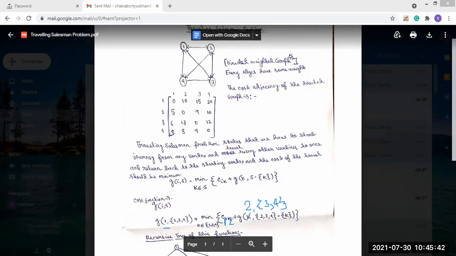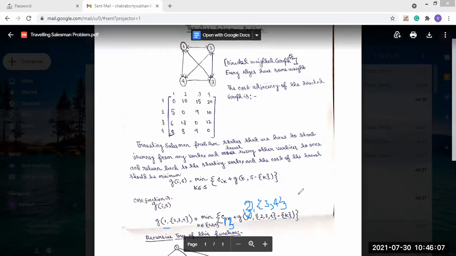Next, if we consider the route from 1 to 3, the minimum of C, 1 to 3, plus G with K as 3, and the set becomes 2 and 4.